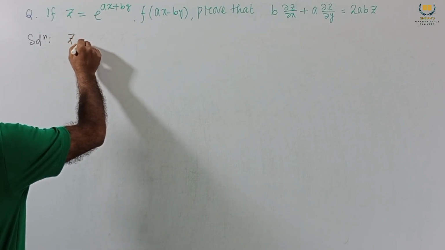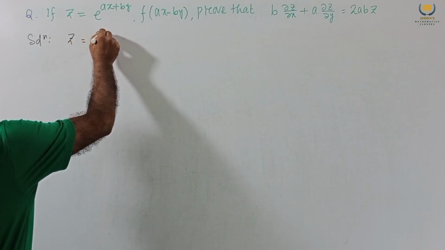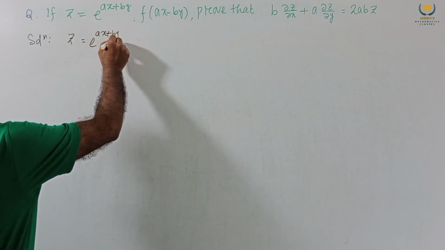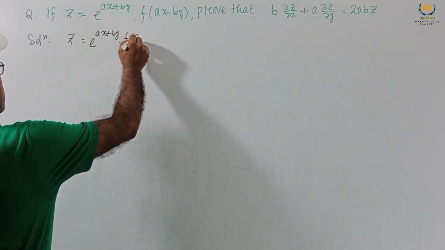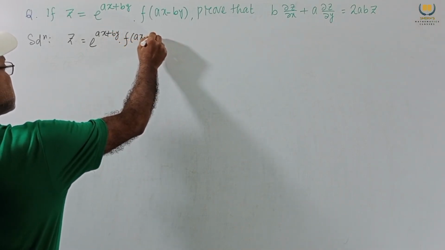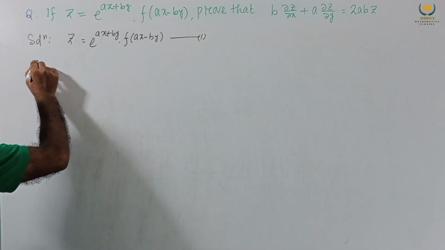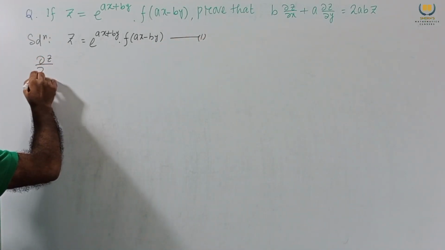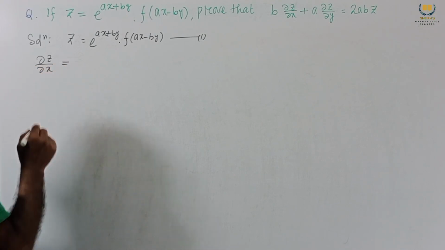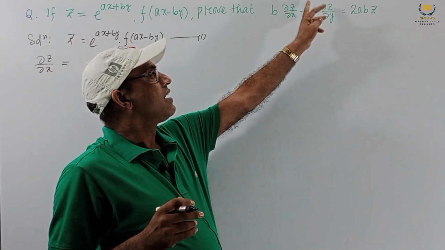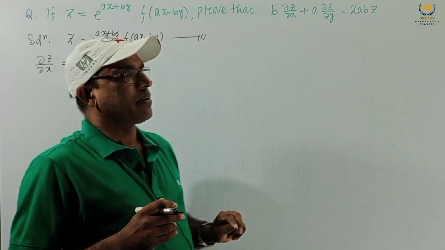z equal to, given, e to the power (ax plus by) into f of (ax minus by). This is number 1. We differentiate partially with respect to x, because in our answer del z del x and del z del y are given.